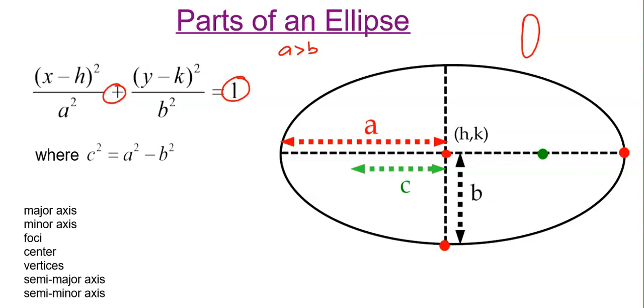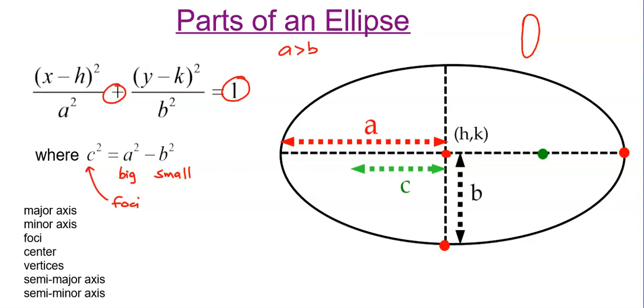Then there's this other little equation that we'll use quite a bit: c squared equals a squared minus b squared. Remember that a is going to be your big number and b is going to be your small number. And c, once again, is the distance from the center to a focus. So c is helpful for finding our foci. That's what we use that for.